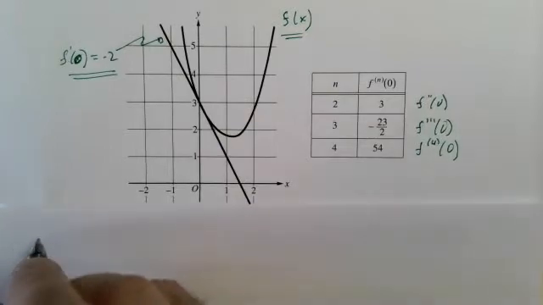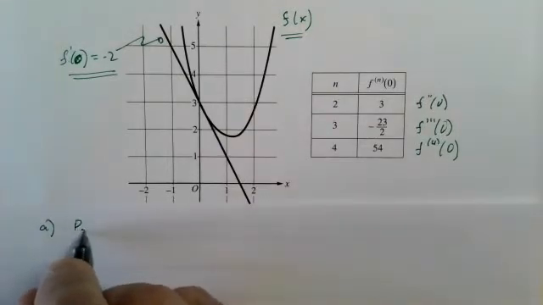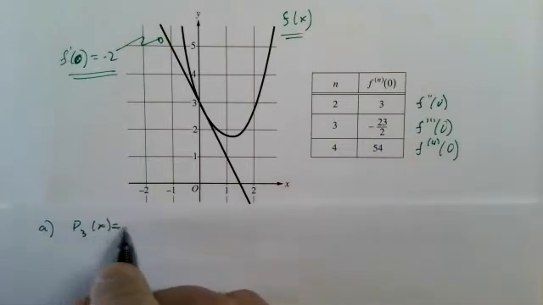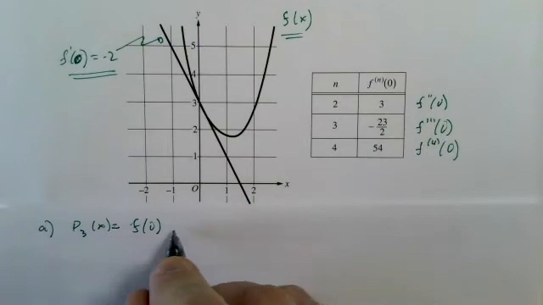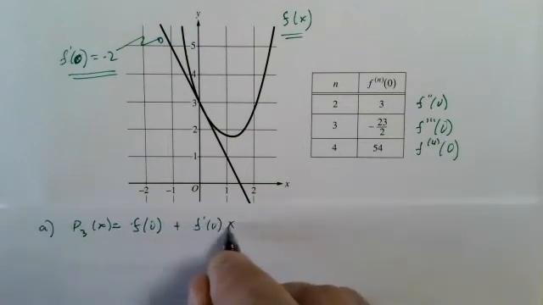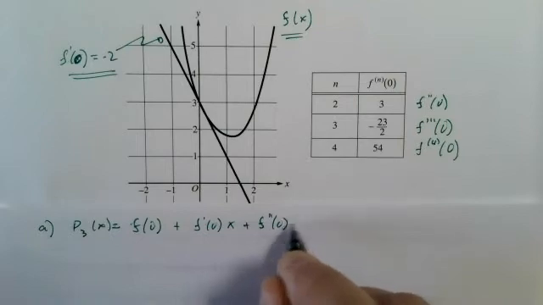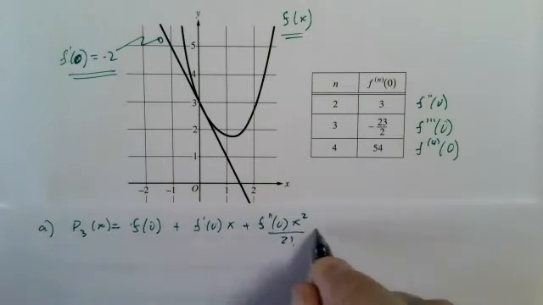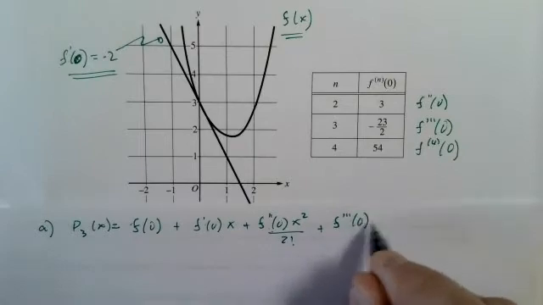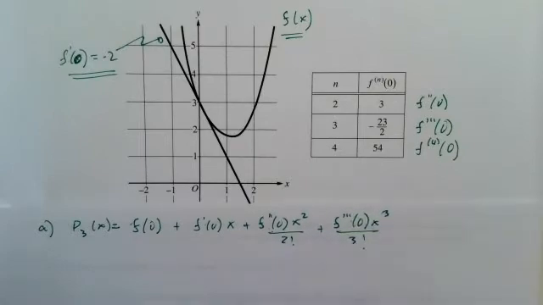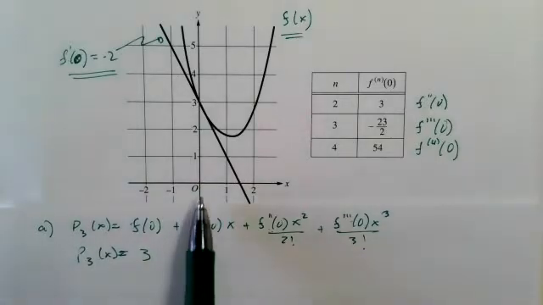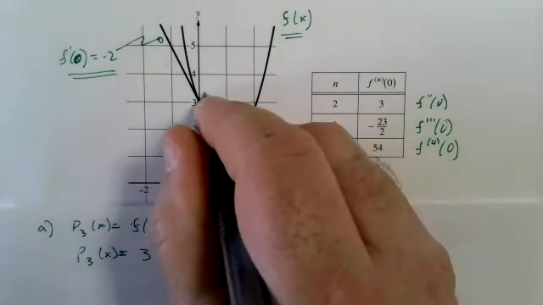So the third degree Taylor polynomial would be f of 0 plus f prime of 0 x plus f double prime of 0 x squared over 2 factorial plus f triple prime of 0 x to the third over 3 factorial, which is pretty quickly done. 3, that's the initial term.